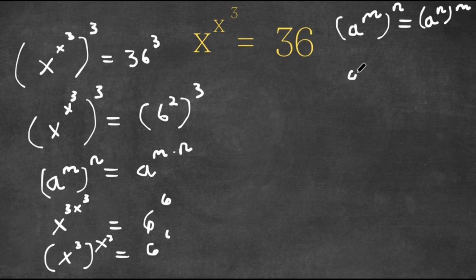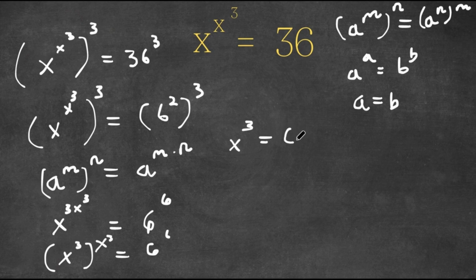Now, if we have something in the form a to the power of a is equal to b to the power of b, then this means that a is equal to b. So in this case, this means that x to the power of 3 is equal to 6.